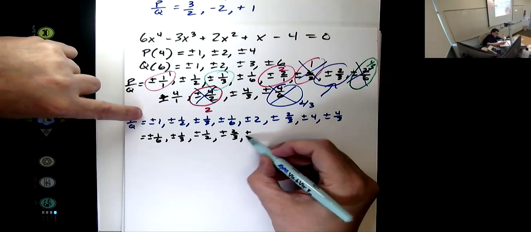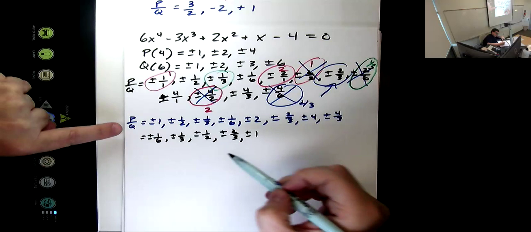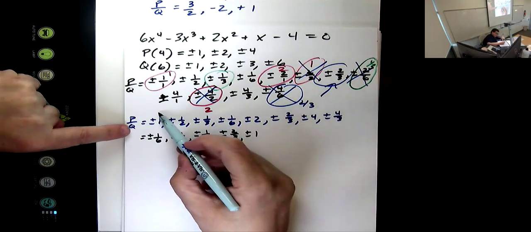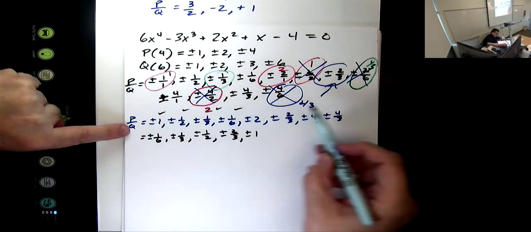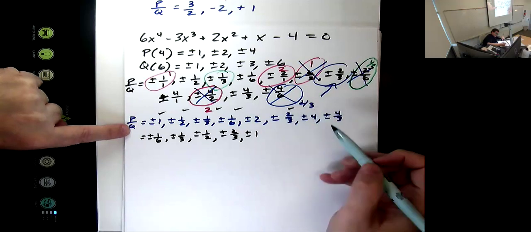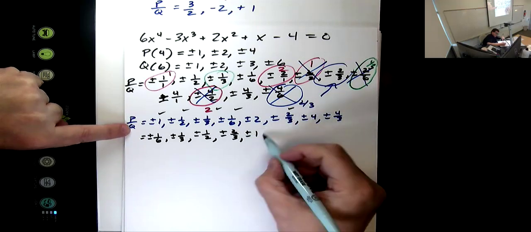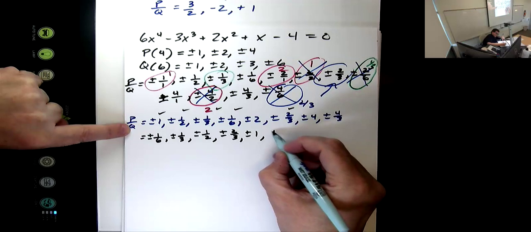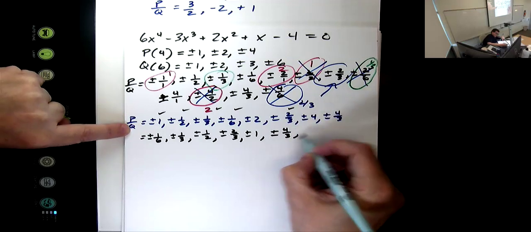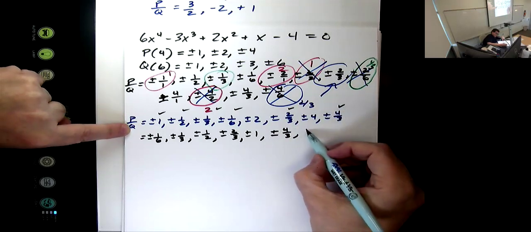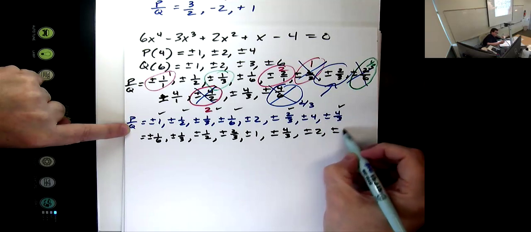Then I got the 1. Let's see, I'm gonna put little check marks over them after I've done them. Then I got 4/3 is bigger than 1, but less than 2. And I got plus or minus 2, plus or minus 4.